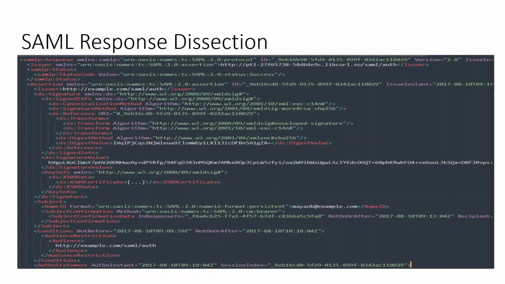It would be a long base64 URL encoded string, and we will have to decode it. We will first have to decode it in the URL using any URL decoder, and then we have to decode it in the base64 format, and then you will be getting this kind of SAML document. This is how the SAML response would look like.